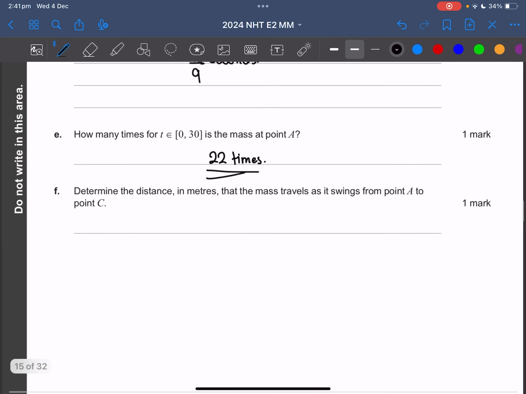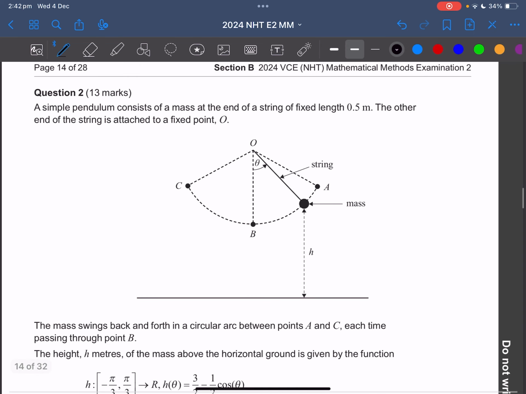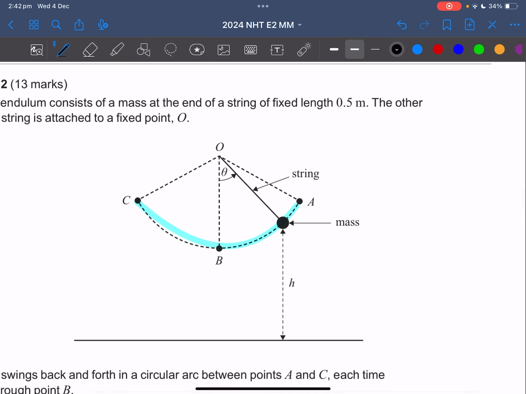So determine the distance in meters that the mass travels as it swings from point A to point C. Okay, so if we go back to the picture, we are basically finding this distance over here. Well, you get the point. Okay, now distance on a circle, well, that's similar to circumference, right? We know how to calculate the circumference.